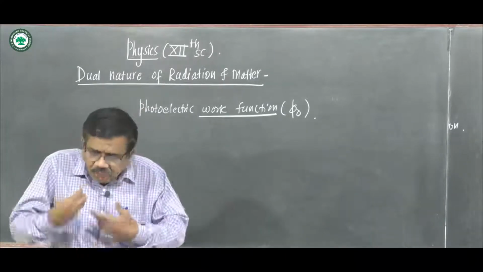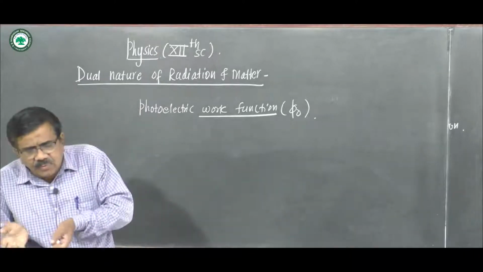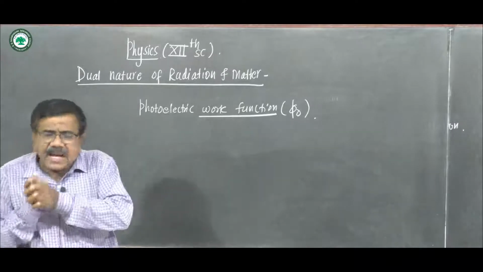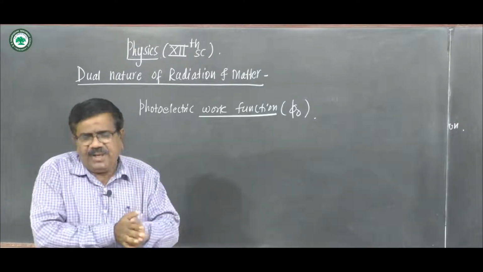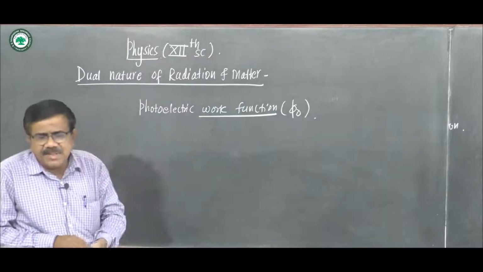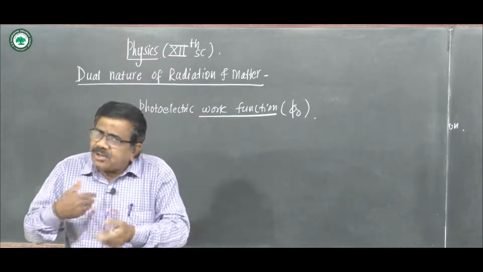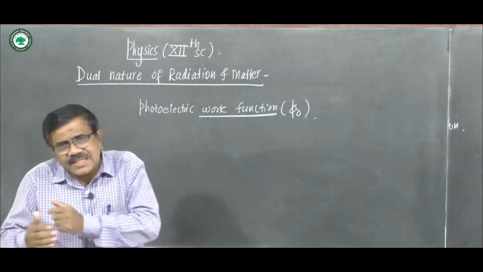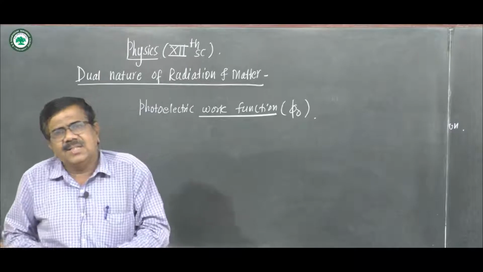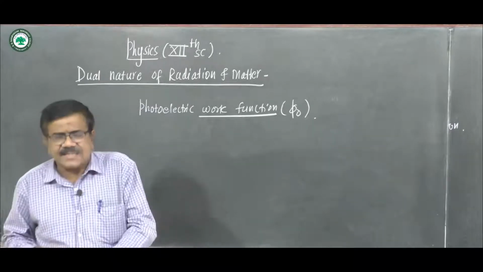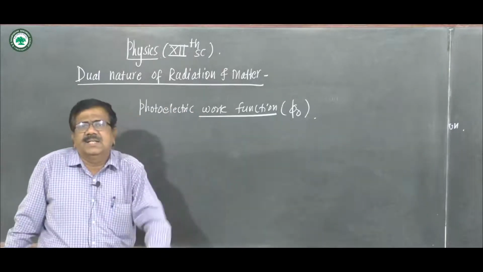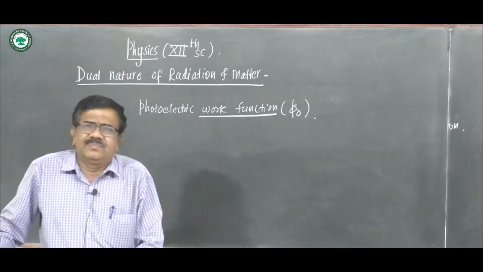The minimum amount of energy required to be provided to the electrons to pull them out from the metal surface is the work function of the metal, or it is the minimum energy required for the electron to escape from the metal surface. When light is incident on the metal, this minimum amount of energy is called the work function of the metal, or the photoelectric work function denoted by phi 0.